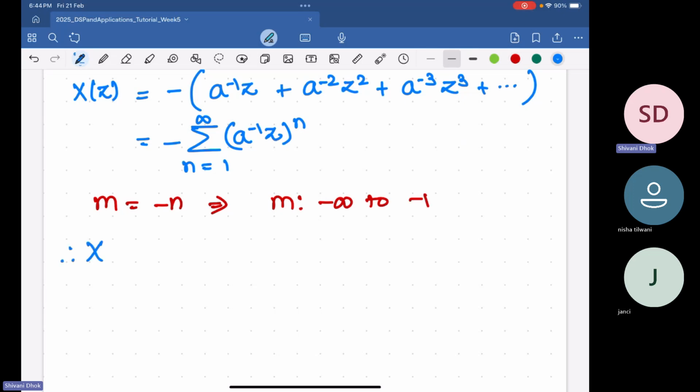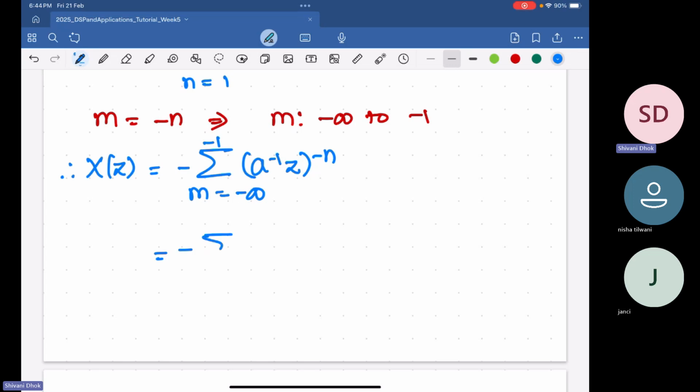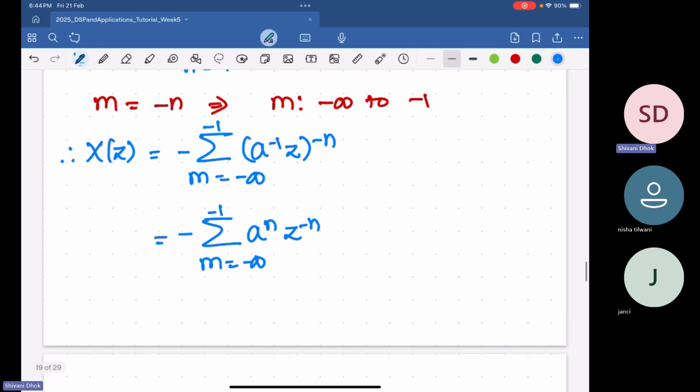So therefore X of Z is equal to minus summation m running from minus infinity to minus 1 of A inverse Z to the power minus n, which we can write as minus summation m running from minus infinity to minus 1 of A to the power m into Z to the power minus m. Now look at these limits. This is valid from m running from minus infinity to minus 1.